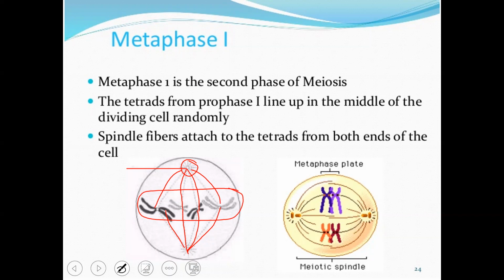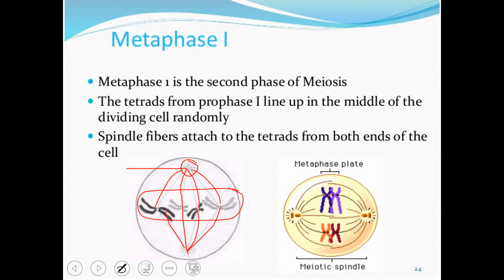That depends on the type of spindle fibers present. In plant cells there is no aster formation. In animal cells there is aster formation. The same conditions apply here. It is called astral meiosis in animal cells, and anastral in plant cells.